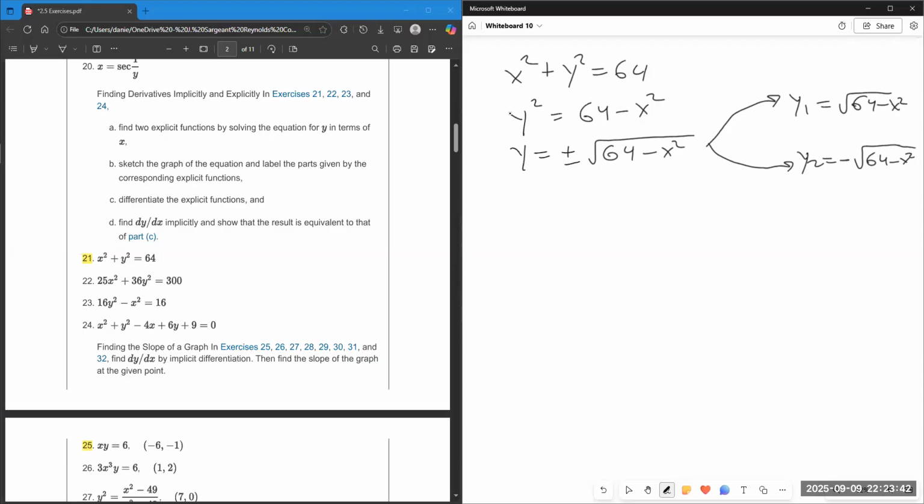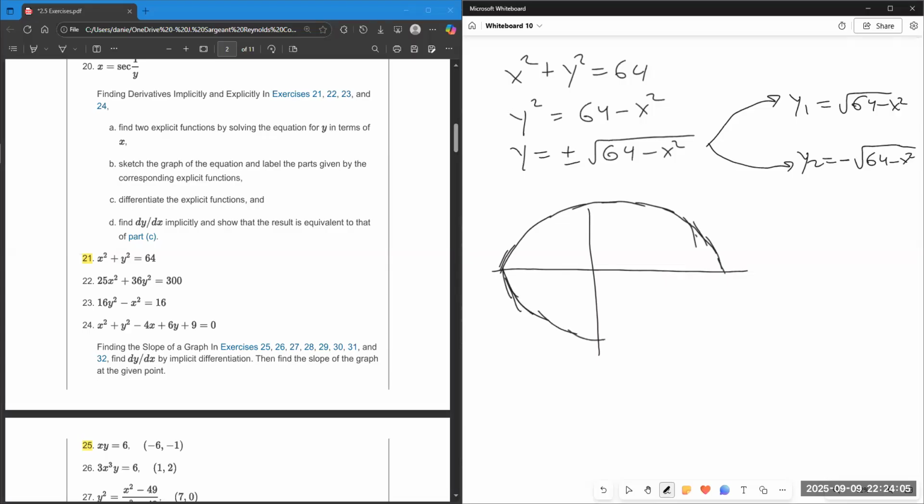Now we want to sketch a graph of the function using these two functions. So you could, in your calculator, use y1 and y2, just like I have, and you'll get the top half of a circle of radius 8, and you'll get the bottom half of the circle of radius 8.